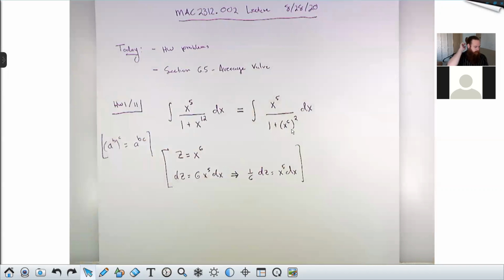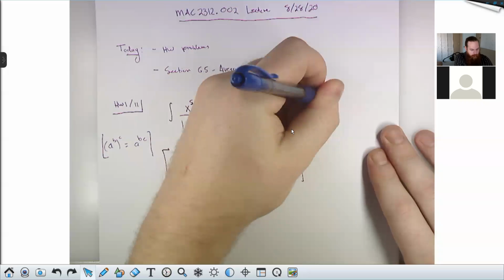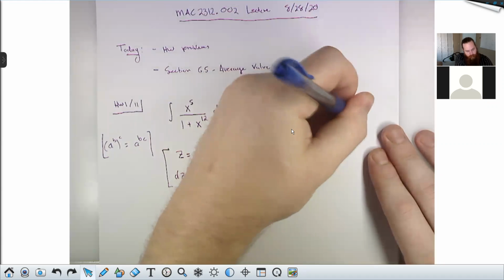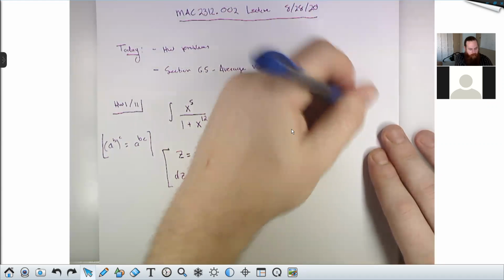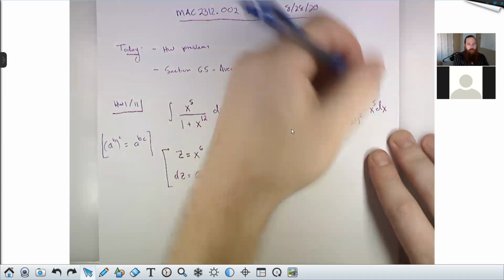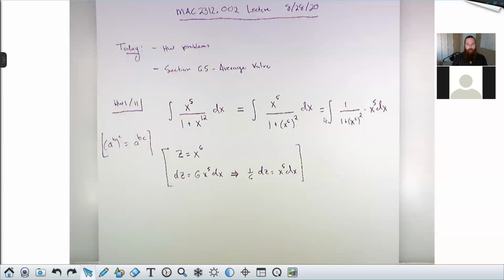So that's my substitution. And if you want to, you could rewrite your integral like this: 1/(1 plus x to the 6 squared) times x to the 5 dx. And that will help you see exactly what's going to happen. This piece will become 1/(1 plus z squared).